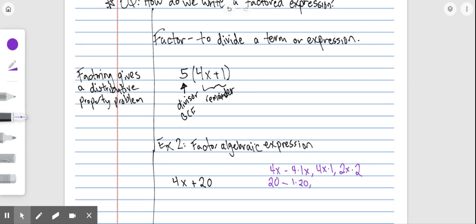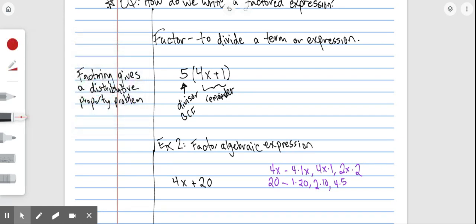It's got the factors of 2 and 10, and it's got the factors of 4 and 5. Now you'll notice that on this 4x term, I made sure that each factor pair had an x value so that I don't forget about the x, because it's got to stay, it's got to hang out at the very end.